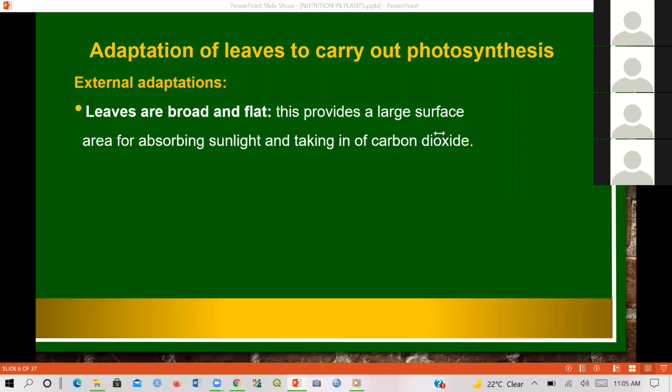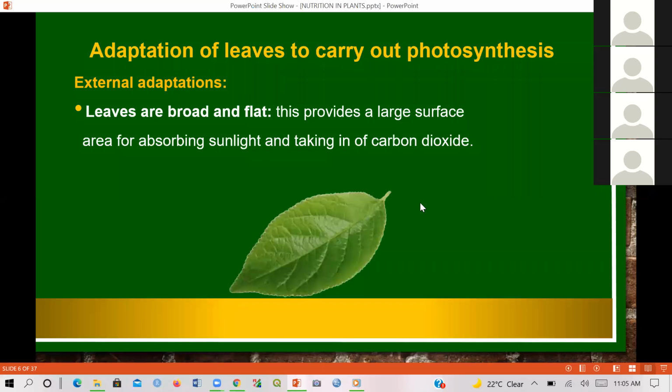Okay. So the first external adaptation is that when you look at these leaves, they are broad and flat. So how is this helping in the process of photosynthesis? Now, the broadness ensures that it has a large surface area.